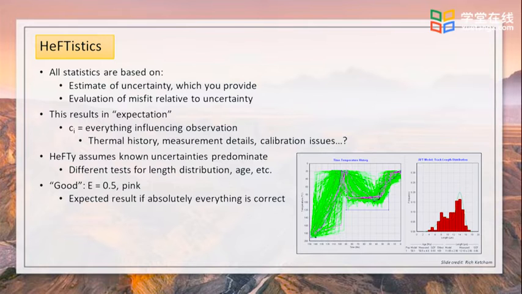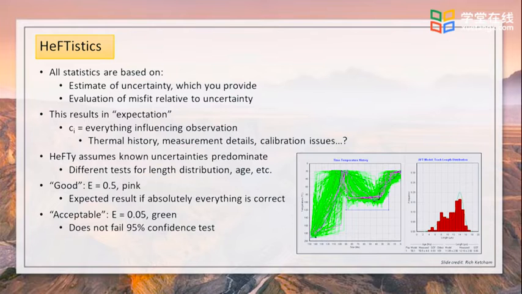In this figure, we can see that the model result contains the blue time-temperature histories and the pink time-temperature histories. So what do the pink and the green curves mean? The pink means good ones, where the expectation is about 0.5, meaning the expected result if absolutely everything is correct.